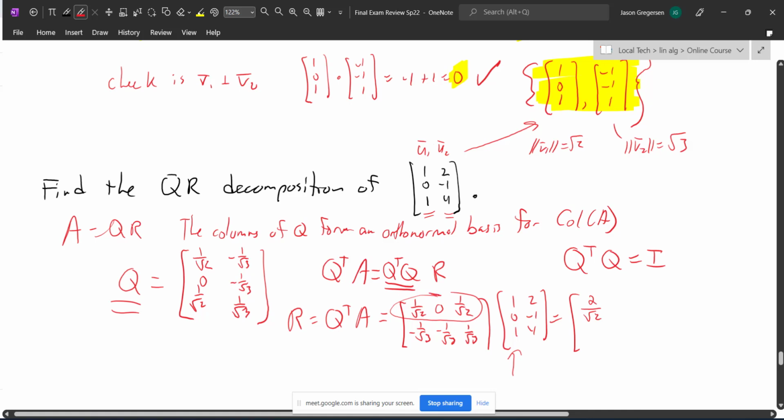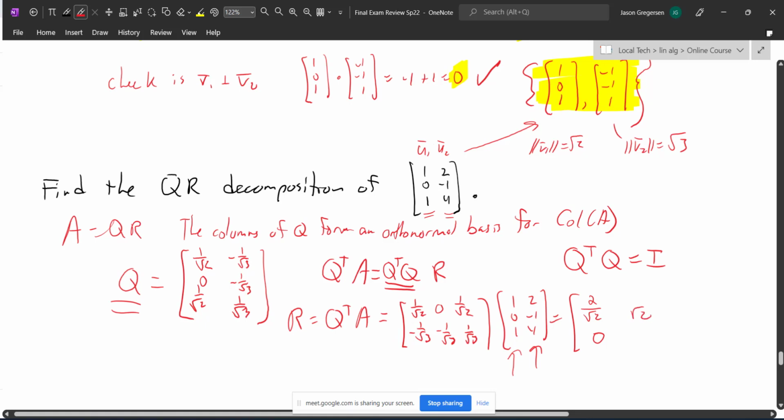I'll then move down to take the second row dotted with that first column. And here once again, I'll have square root of 3 as the common denominator, and I'll have negative 1 plus 0 plus 1, which is going to give me a value of 0. And I'm really happy that that's a value of 0 because this matrix R is supposed to be an upper triangular matrix.